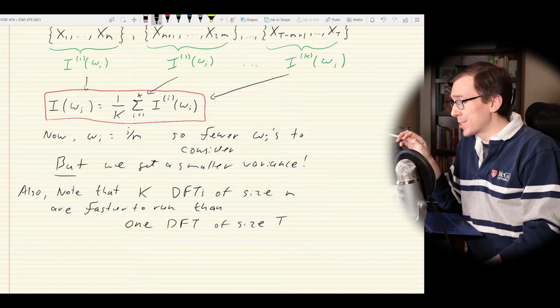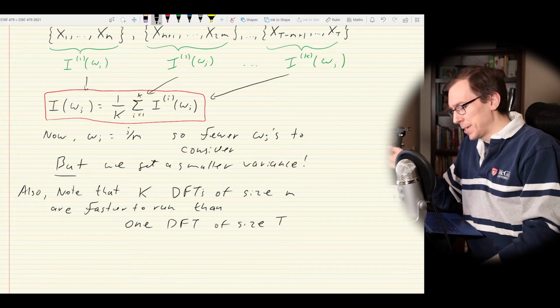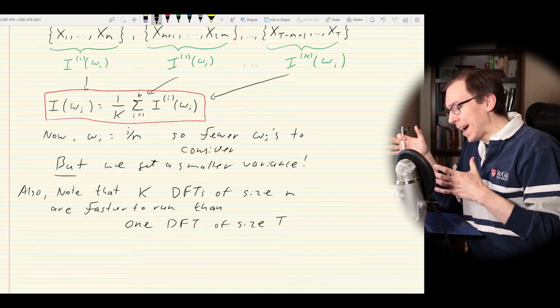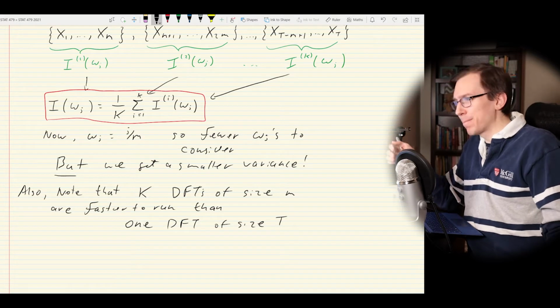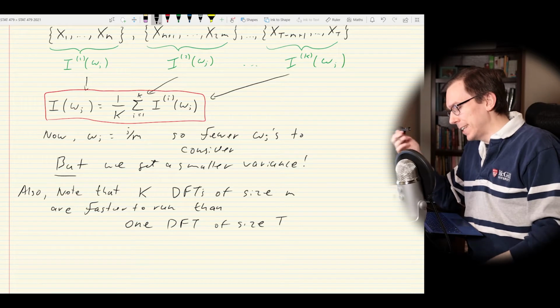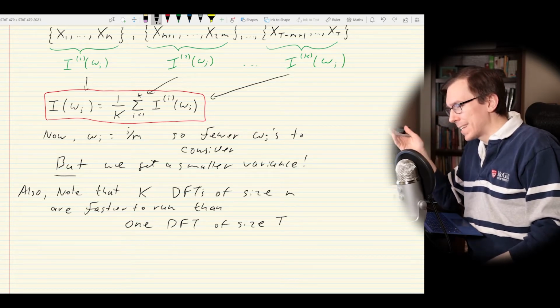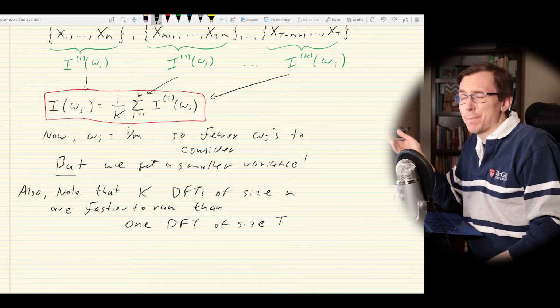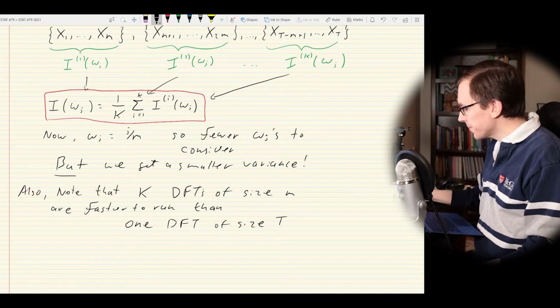I'd have to double check my notes earlier up, but regardless, it's beyond linear, which means that if I break this up linearly into a bunch of chunks, it's faster to do k small DFTs than one big DFT, especially if you compute it directly. Using the FFT, it's still a savings because the complexity is superlinear. The complexity grows faster than linear.